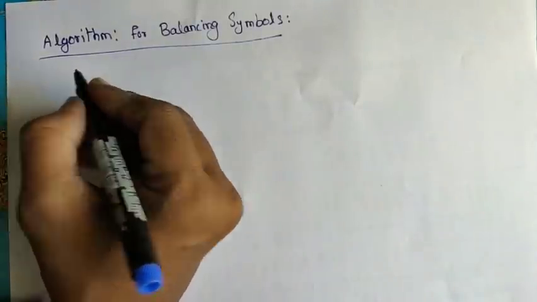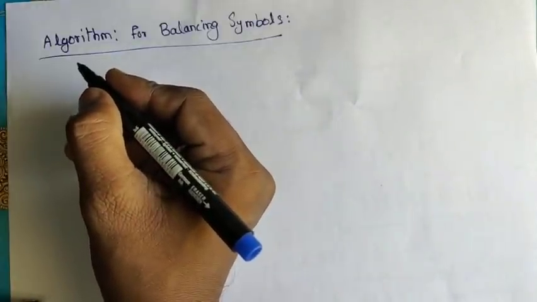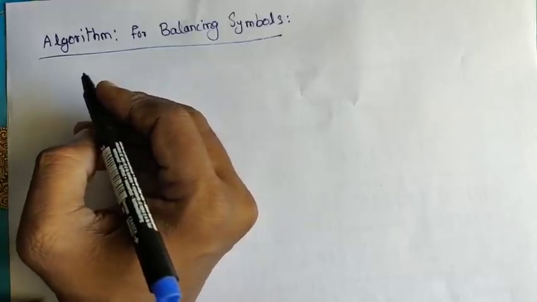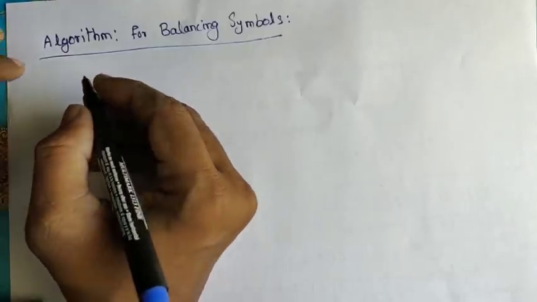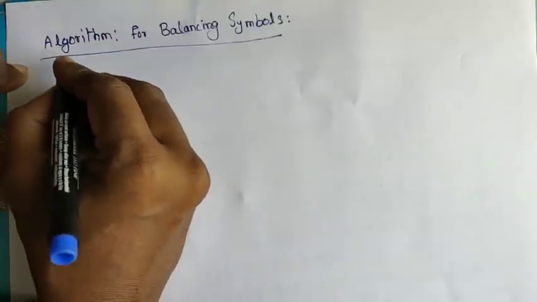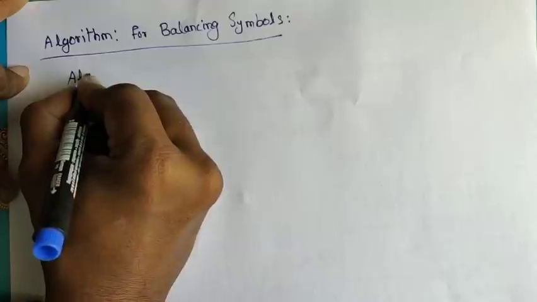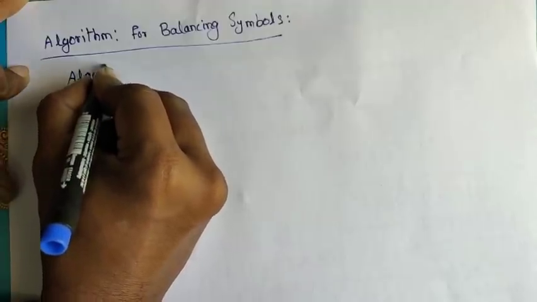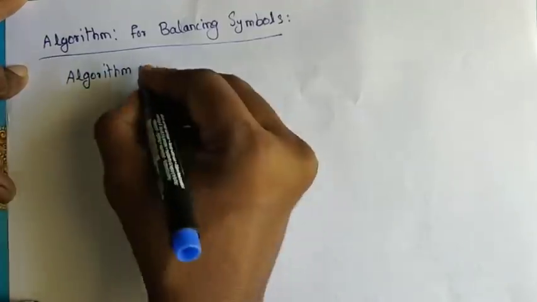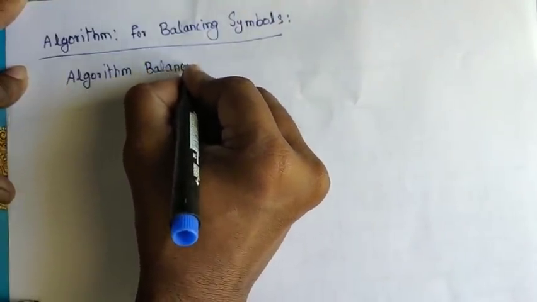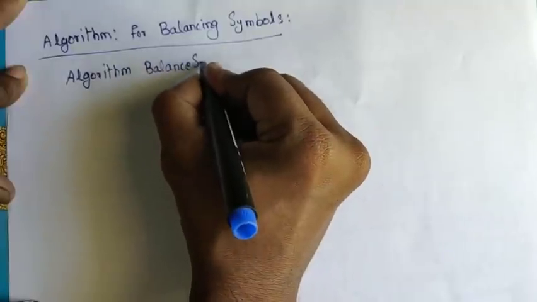Here I am not going to write a C++ program. I am going to write an algorithm. If you need, you can convert that into a C program. So here, algorithm: balance symbols.